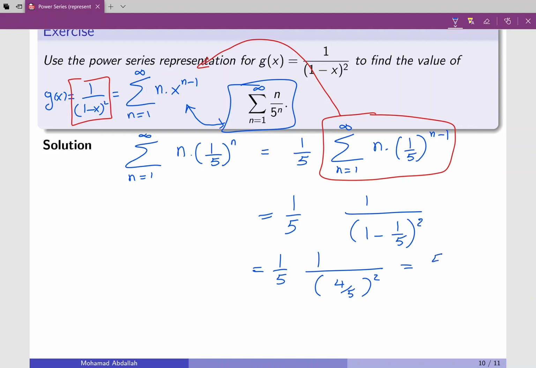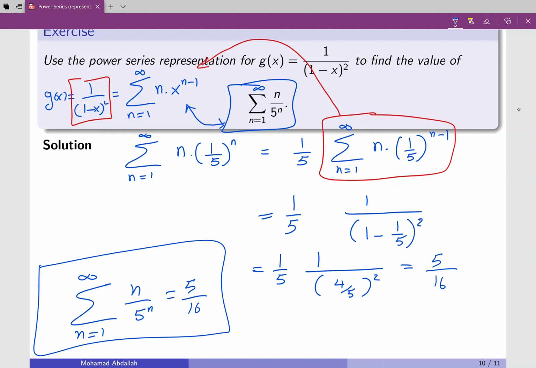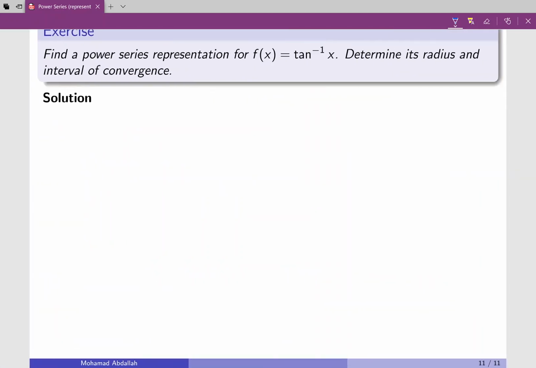So this is going to be 5 over 16. 25 cancels, yes. Okay. This is something good now, because we didn't know how to find this. So the sum from n equals 1 to infinity of n over 5 to the n is not only convergent, I actually have its sum. This is something very rare when we talk about series, especially the sum of infinite series.